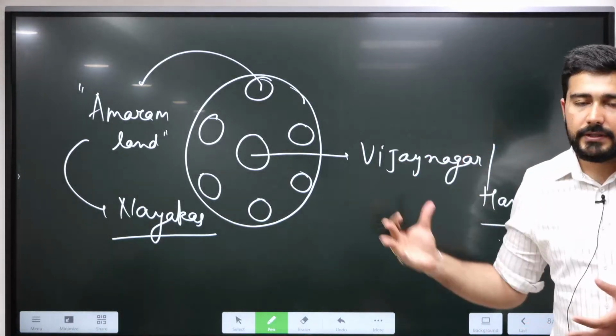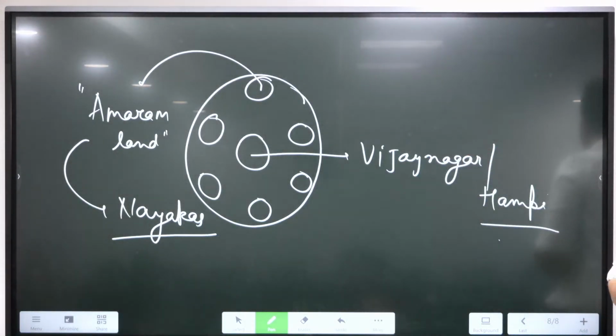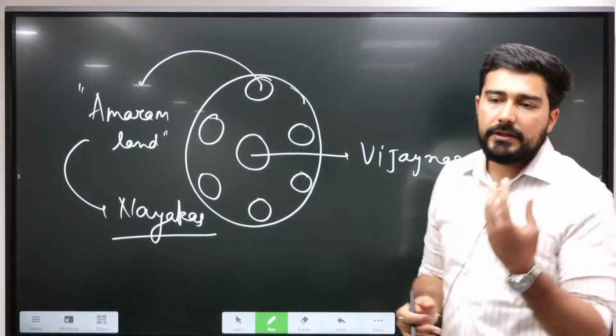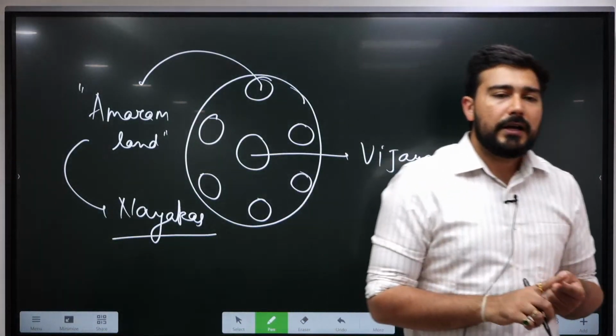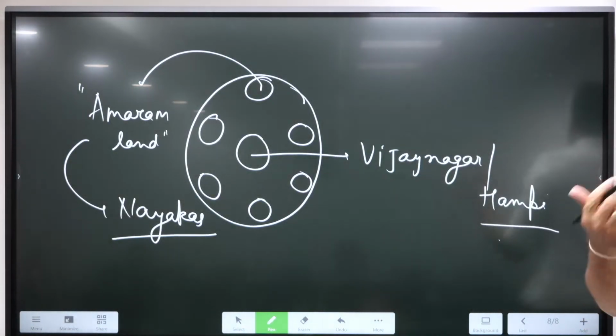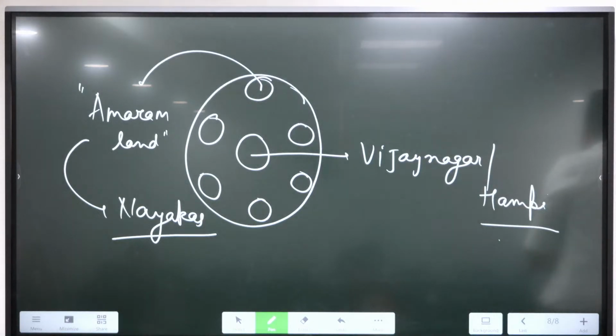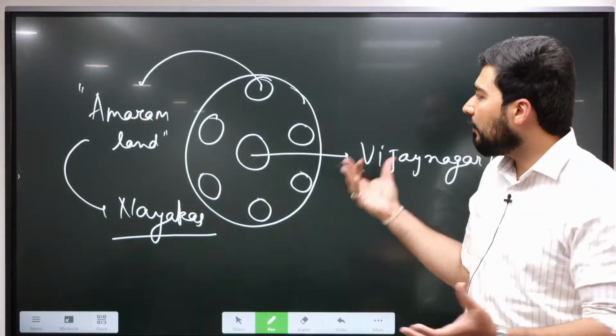In comparison to the Ikta, they were more like military governors. We had seen their duties: establishment of administration, that is law and order, collection of revenue, and maintenance of troops. This is what they were required to do.